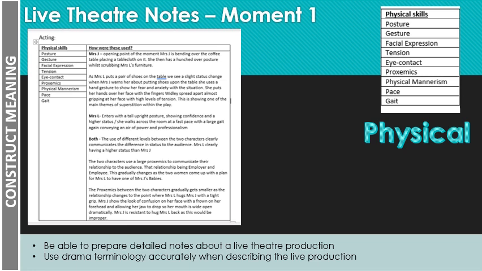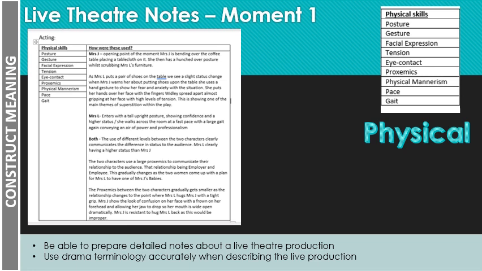Eye contact is quite self-explanatory. It's about the eye contact of the characters on stage with one another, but also remember this is a non-naturalistic performance where they need to build a relationship with the audience. So eye contact is also about the characters' eye contact with the audience.